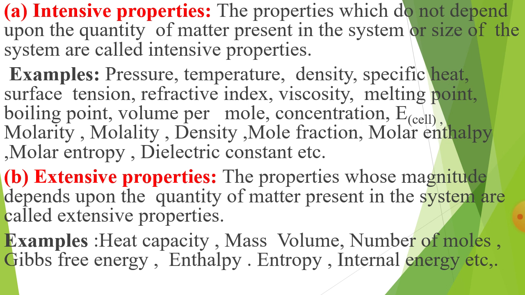Now extensive properties. The properties whose magnitude depends upon the quantity of matter present in the system are called extensive properties. For example, heat capacity, mass, volume, number of moles, Gibbs free energy, enthalpy, entropy, internal energy, etc. Now look at mass.